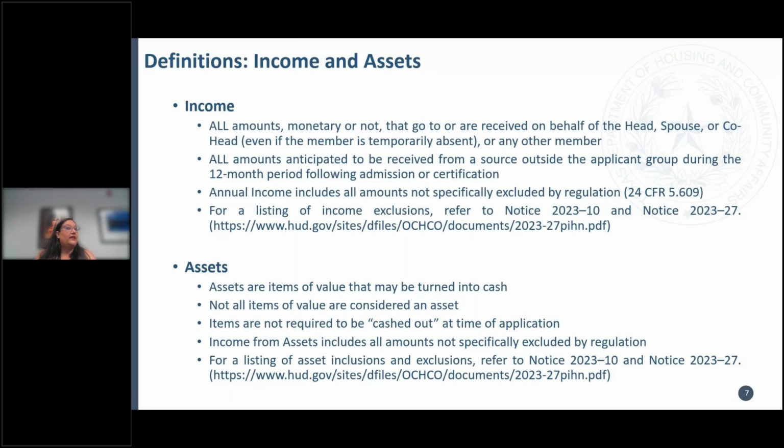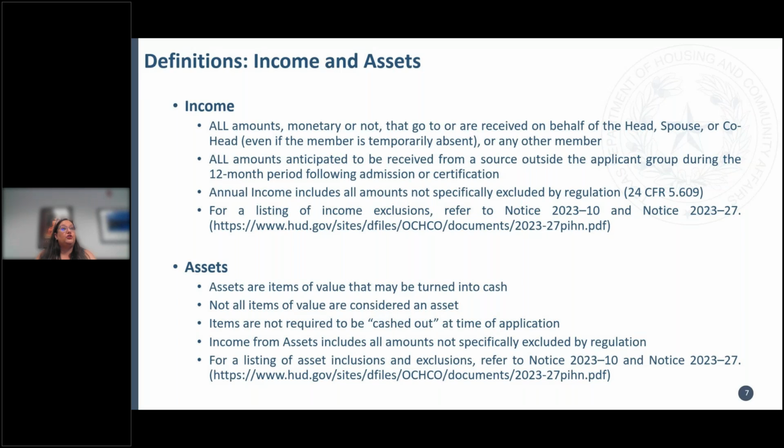Assets are items of value that may be turned into cash, but they don't have to be turned into cash. And HUD, with the HOTMA guidance, has specifically defined what is an asset and what is not an asset. They've broken assets into several categories, considering necessary and non-necessary. We're going to talk about that when we get into the July sections of the Lunch and Learn series. That's when we're going to start talking about assets.